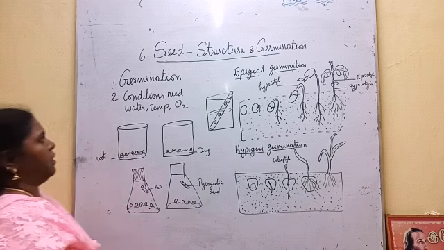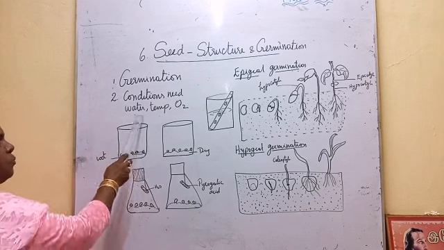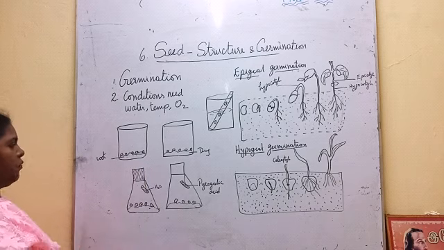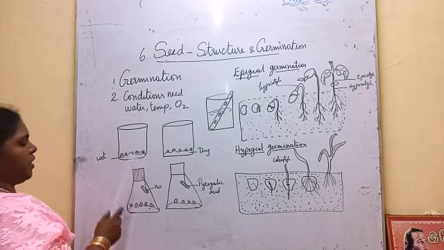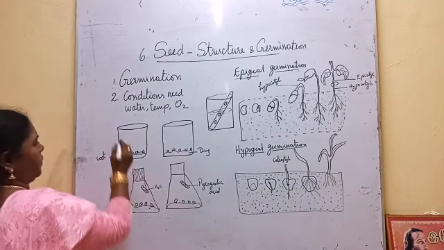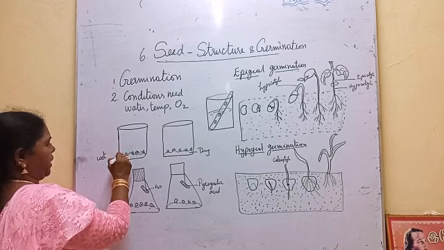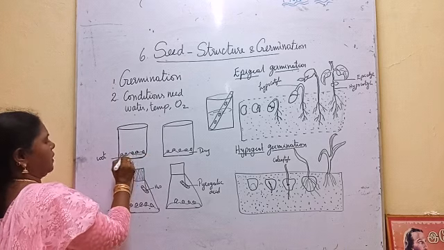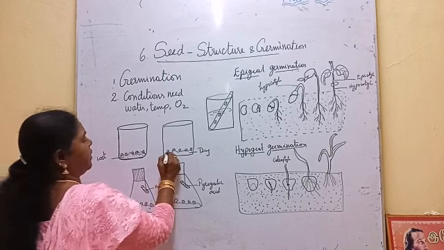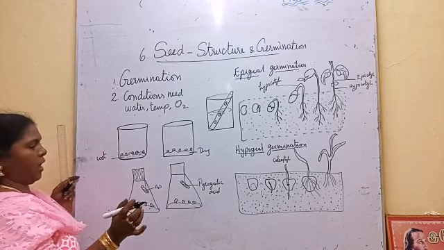For germination, what are the conditions necessary? We will see how to prove that these conditions are necessary. How to prove that water is necessary for germination: take 2 beakers, keep some wet cotton in one beaker and dry cotton in the other.